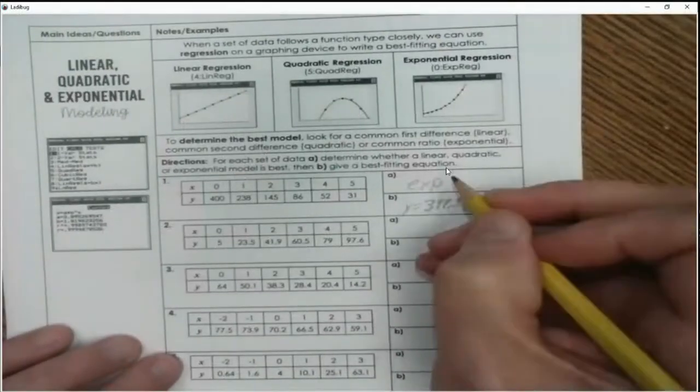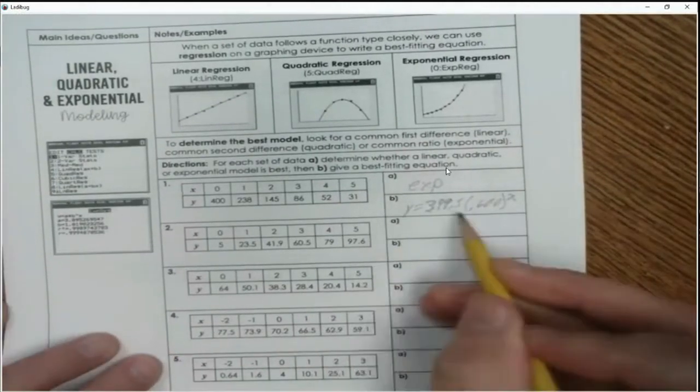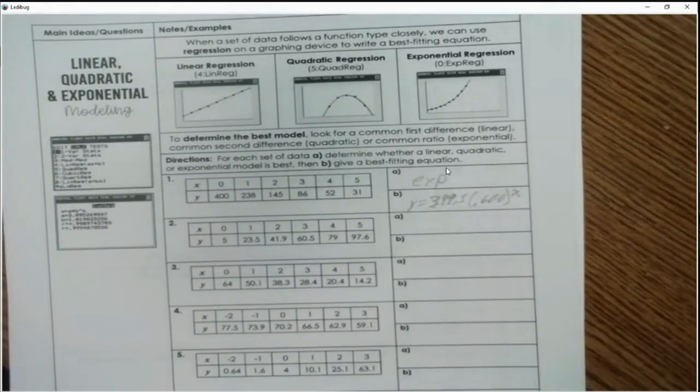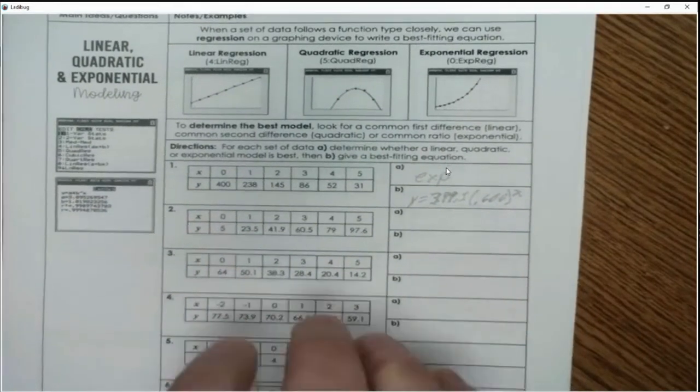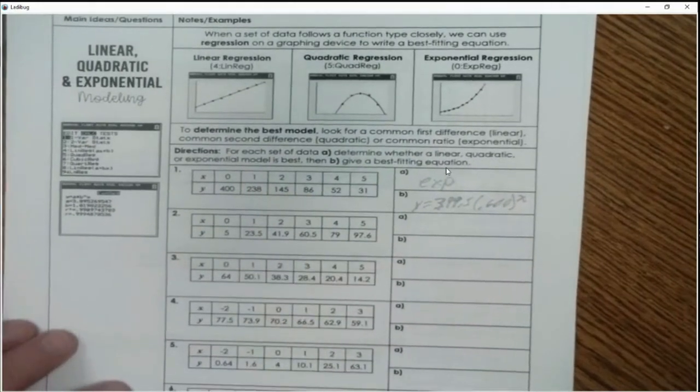All right, 399.5. So that is the equation that models that data right there. And that's what we do in this right here. Some of our assignment 2 is going to have you doing this.